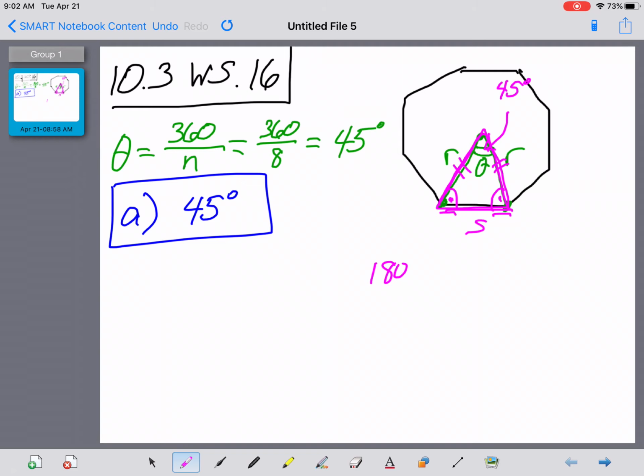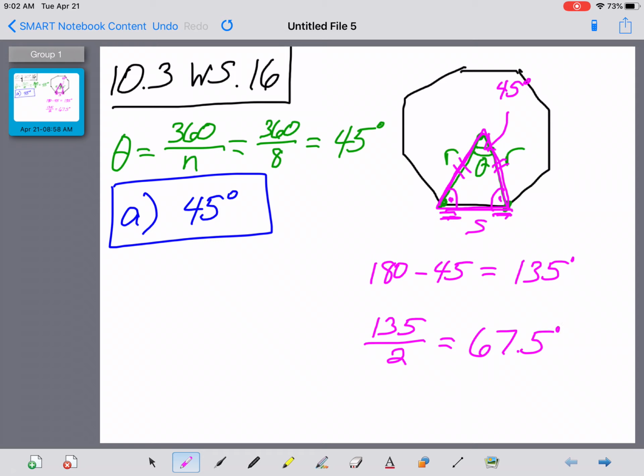The first thing I'm going to do, guys, is know that the sum of those three angles is 180. I'm going to subtract the 45-degree angle from that and get 135 degrees left over for these two angles to share. And since they share it equally, I'm now going to take that 135 and divide it by 2 and get a 67.5 degree angle for this one right down here and this one right over here, 67.5 degrees.